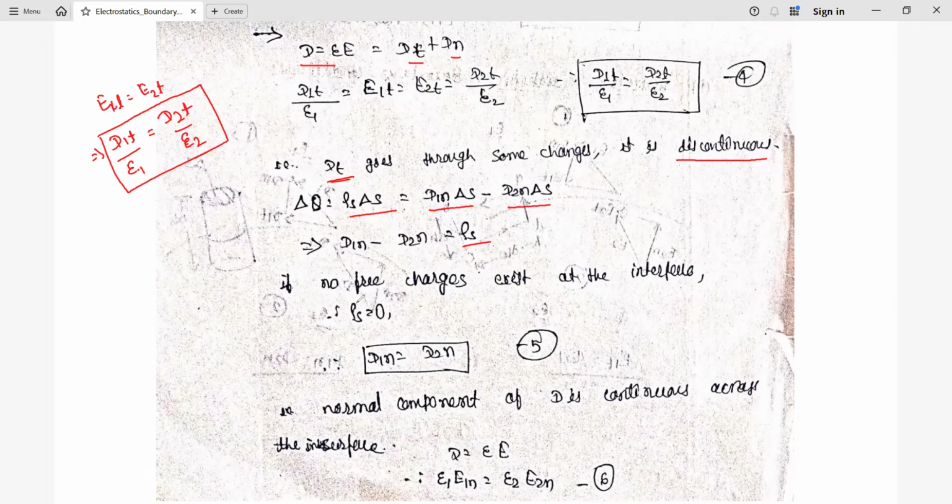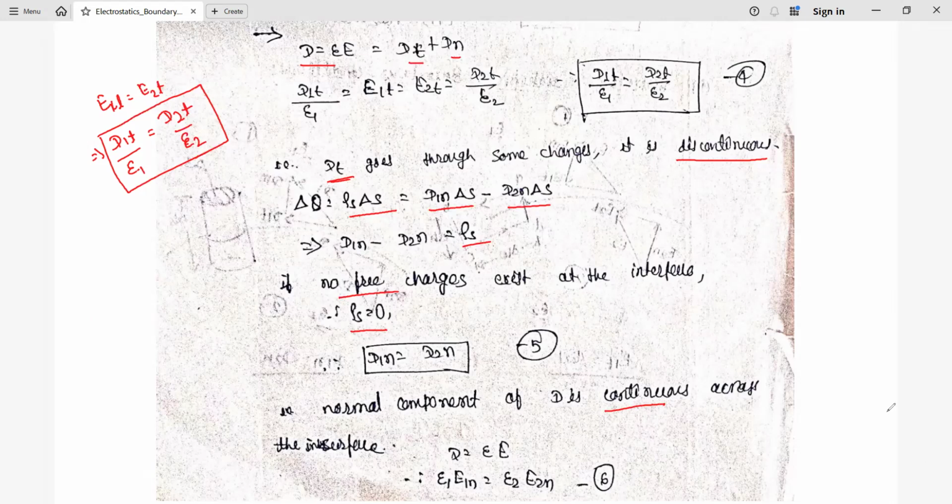Now if there is no free charge, so it becomes a free-charge region, meaning charge is not available, then the charge density will become 0. Once rho S is equal to 0, the normal component of flux density is equal. That means the normal component of flux density is continuous across the interface.